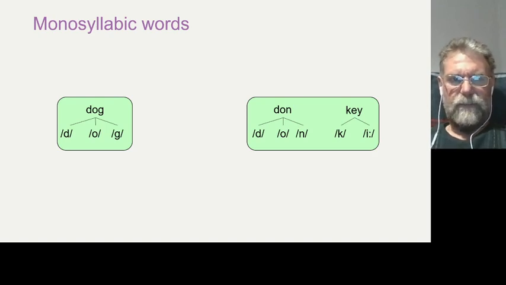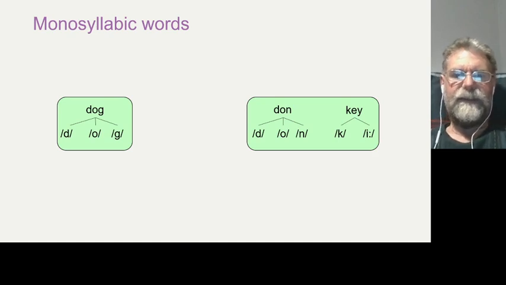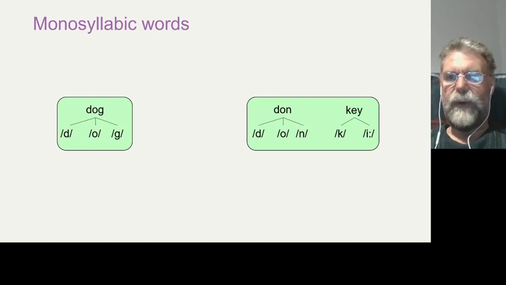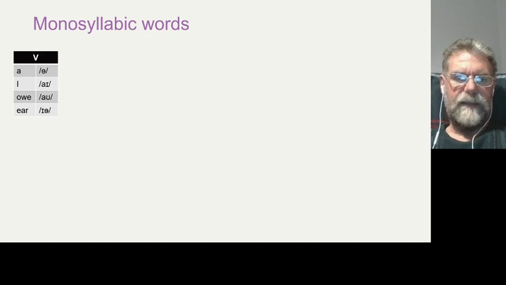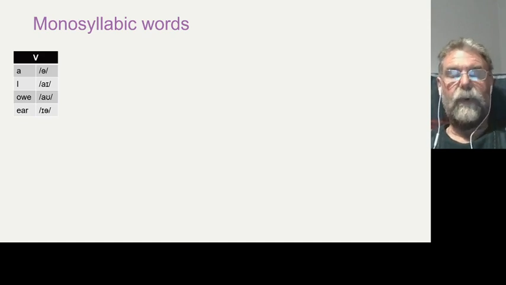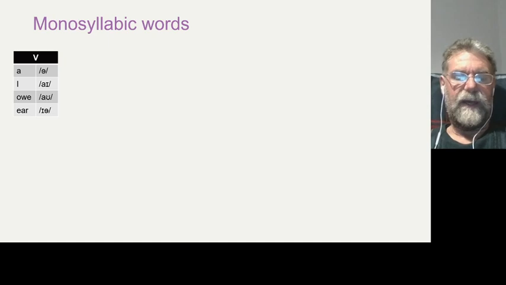So in order to look at what makes a syllable, and why dog has one syllable while donkey has two, we need to look at what kinds of things can go into a syllable. Perhaps the simplest and smallest of all syllables just consists of a single vowel. We can have a word like a, as in a dog. The word there just consists of the schwa vowel.